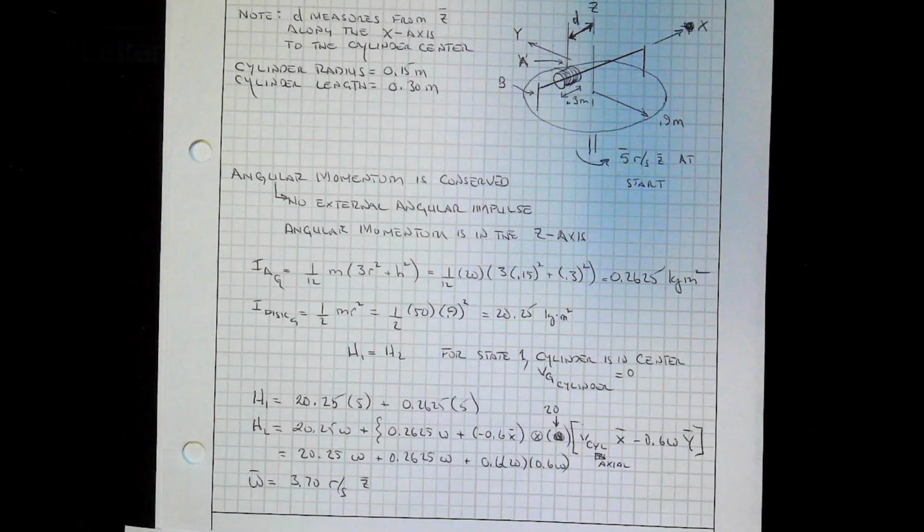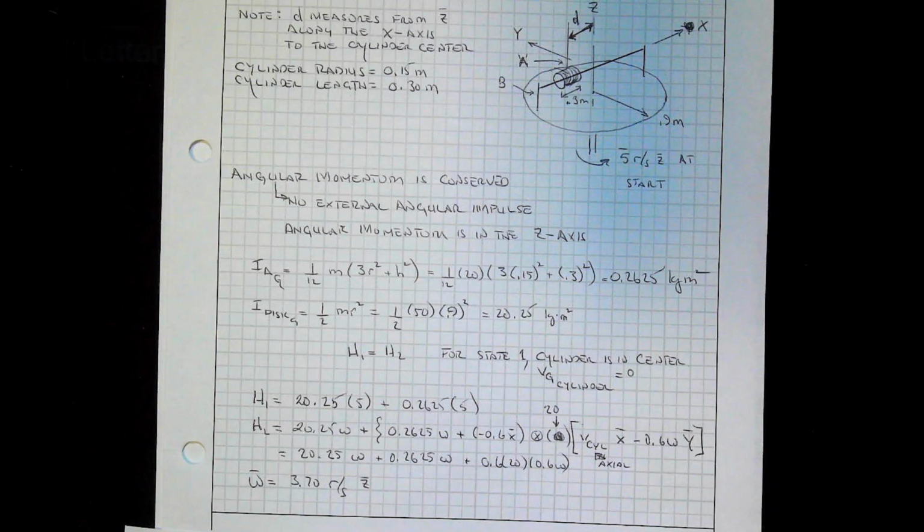The initial angular momentum equals the final angular momentum. So this is really a red herring. We have no external angular impulse relative to the z-axis. So let's apply angular momentum on the z-axis. That's how this thing is rotating. Let's see what we get.